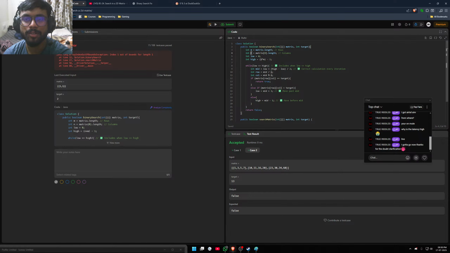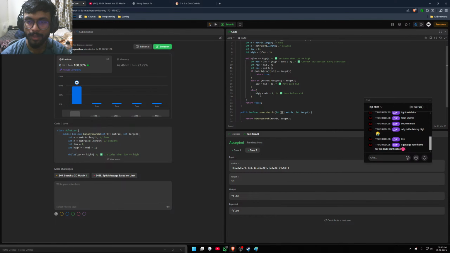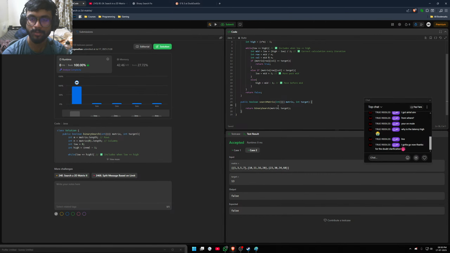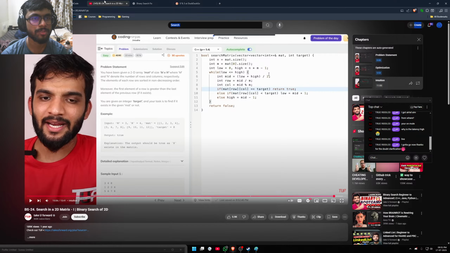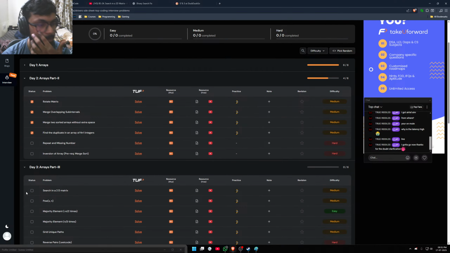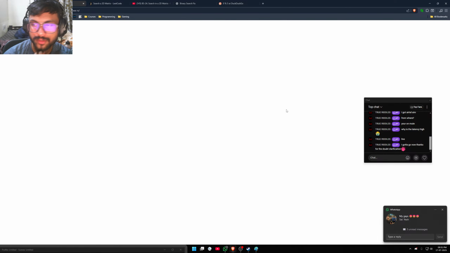In my case, I took N as columns and I've been calculating with rows, which is not right. So I should be calculating with the columns, and I'm doing it right now. This should work. Yep, it works. Really, boys? Let's just see what's the next question and try to solve it.